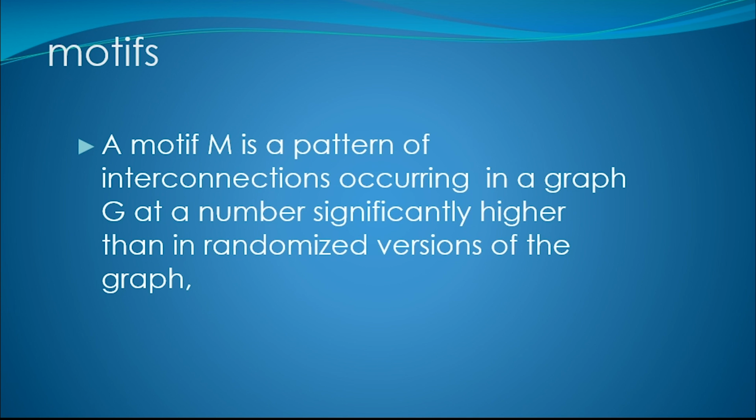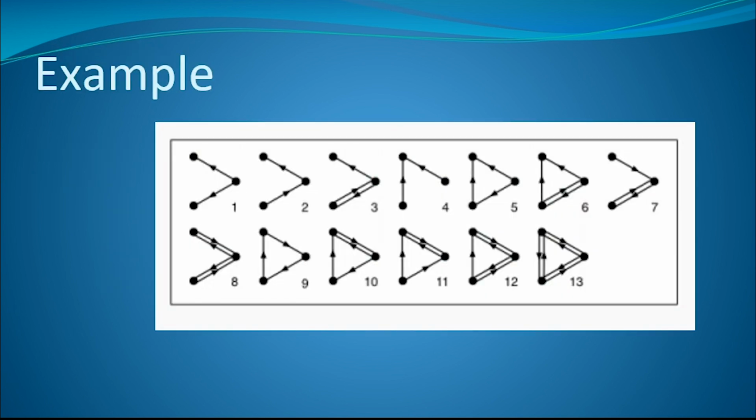Right? In any network, you can see that certain patterns are occurring. If you take a class, you may find that people are moving in groups of 3, 3, 3, etc. So that's a pattern, and that's called a motif. Suppose that we have 3 vertices.